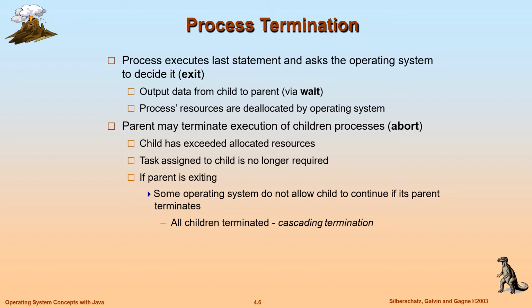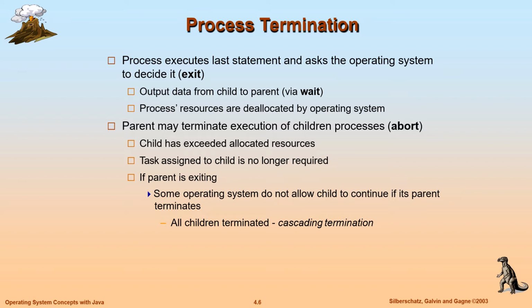Parents may terminate execution of a child process in the following situations and for the following reasons. Number one, the child has exceeded its usage of some of the resources that it has been allocated.